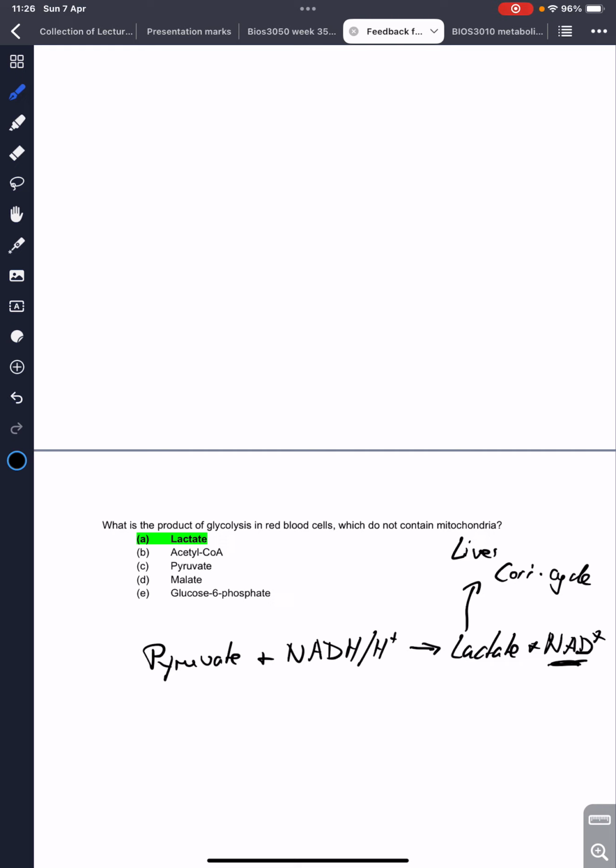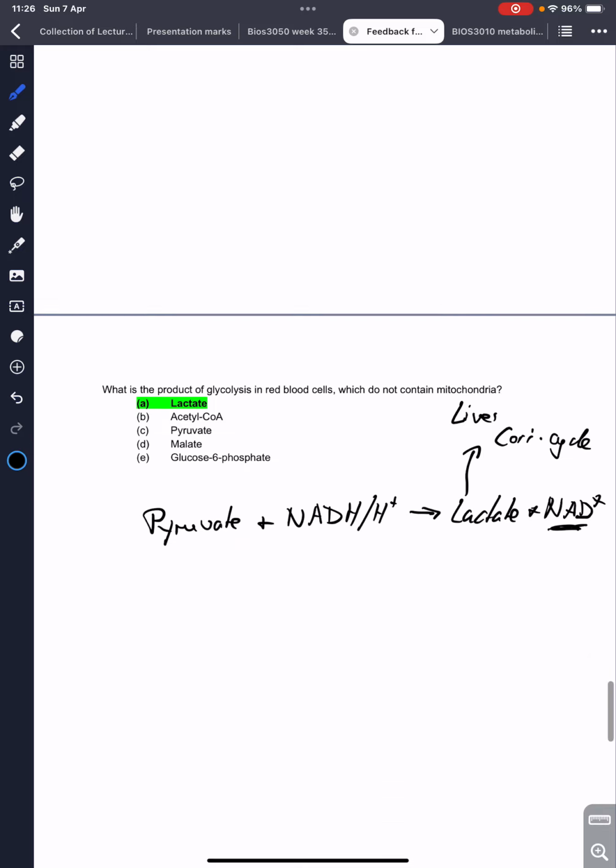So in red blood cells, or cells that in general cannot do oxidative phosphorylation and get the NAD+ through oxidative phosphorylation, we need to recycle it so that it can be used in the next glycolysis round.